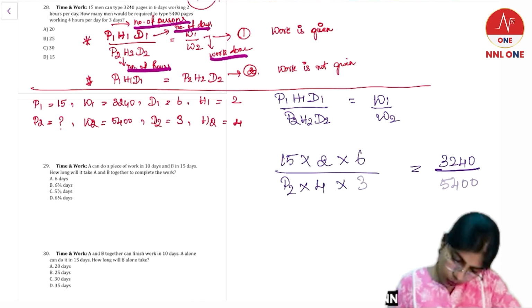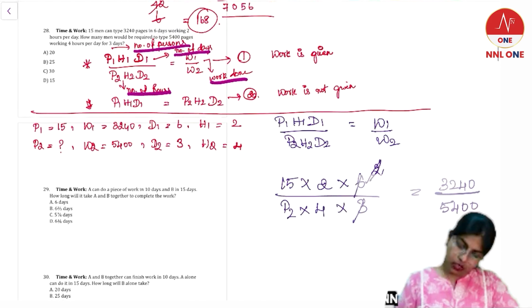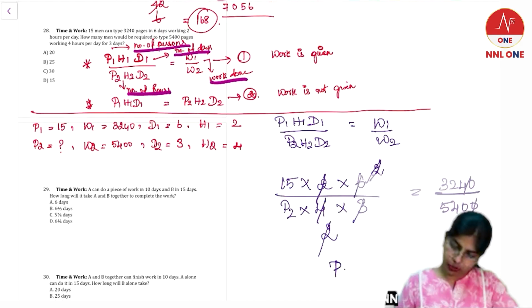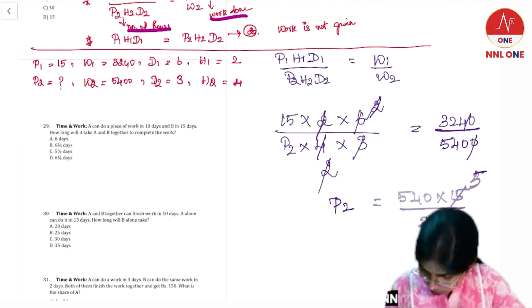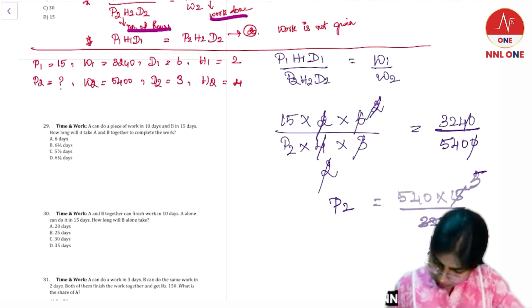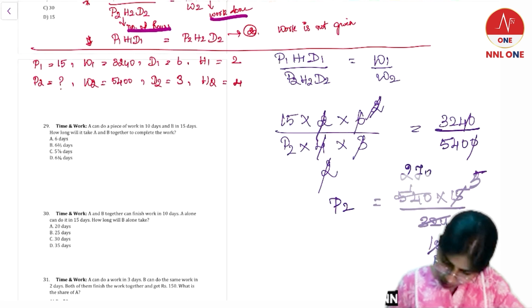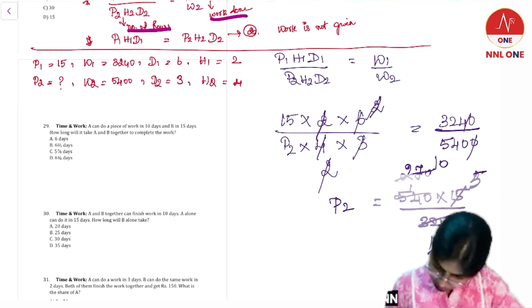Okay. Now we'll keep it as it is. Check whether we can cancel it or not. 2 into 1, 2 into 2. 2 and 2 can be cancelled. Here we can cancel 0 and 0. Okay, P2 is equal to 540 into 15 by 324. 3 into 5 is 15. 3 1s are 3, 3 8s are 24. 2 5s are 10, 2 4s are 8, 2 7s are 14. 27, 10, 27, 6.